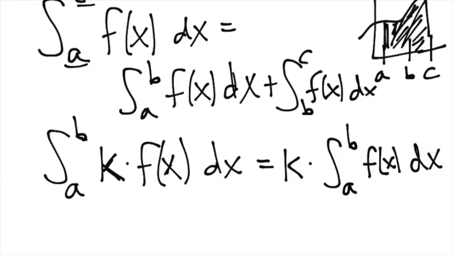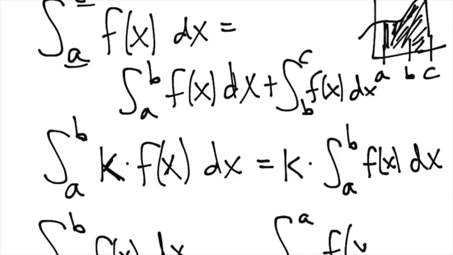Okay. Let's see, other ideas here. This is a little bit weird, but if you're talking about the integral from A to B, and you think about flipping your interval around and instead going from B to A, you're going in the reverse order.